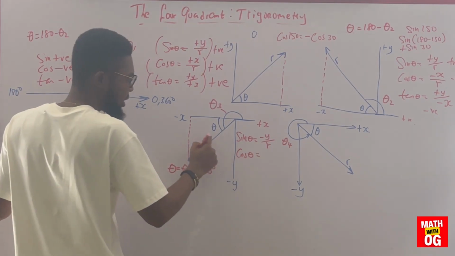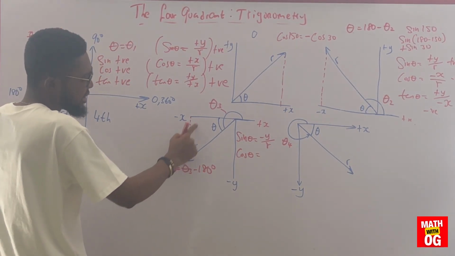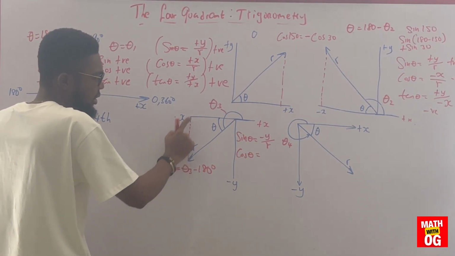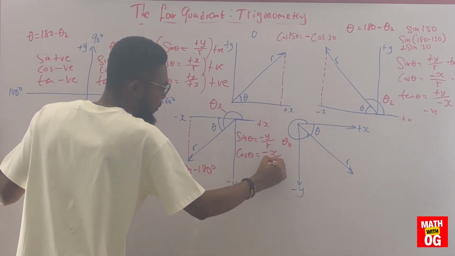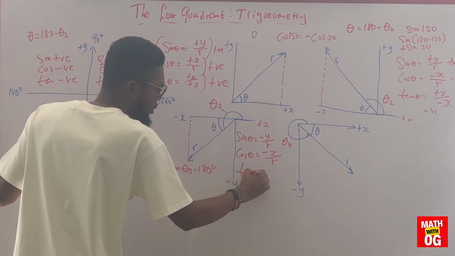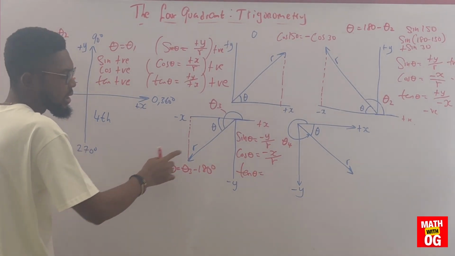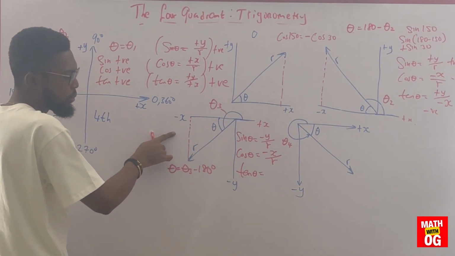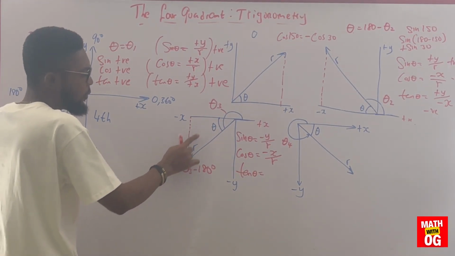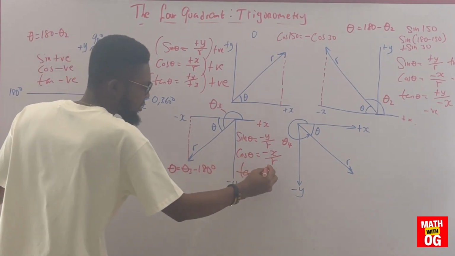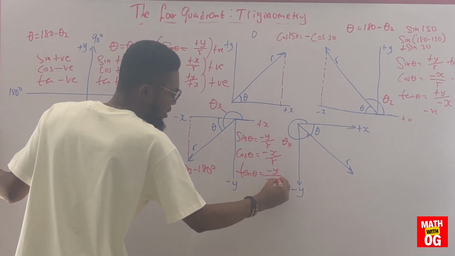Cos theta is adjacent. My adjacent is negative x over r. Lastly, we have our tan theta. Tan theta is opposite, which is negative y, over adjacent, which is negative x. Negative y over negative x.